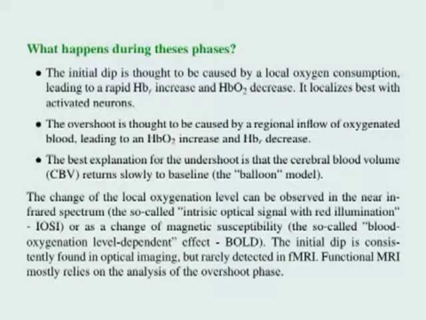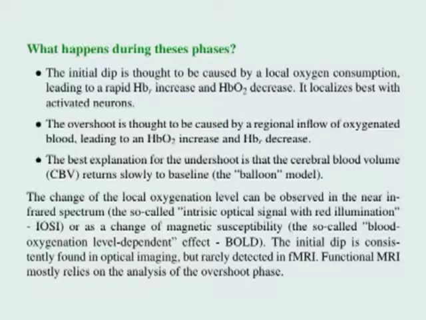So we have a decrease in oxygenated hemoglobin and an increase in deoxygenated hemoglobin. And then we have an inflow of fresh blood into that area, which overcompensates that decrease. And then we have a terminal undershoot, which is most likely a result of changes in cerebral blood flow.